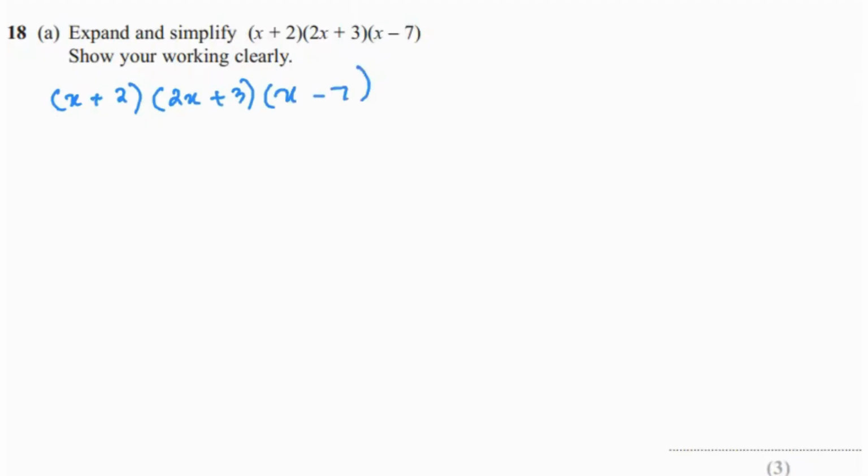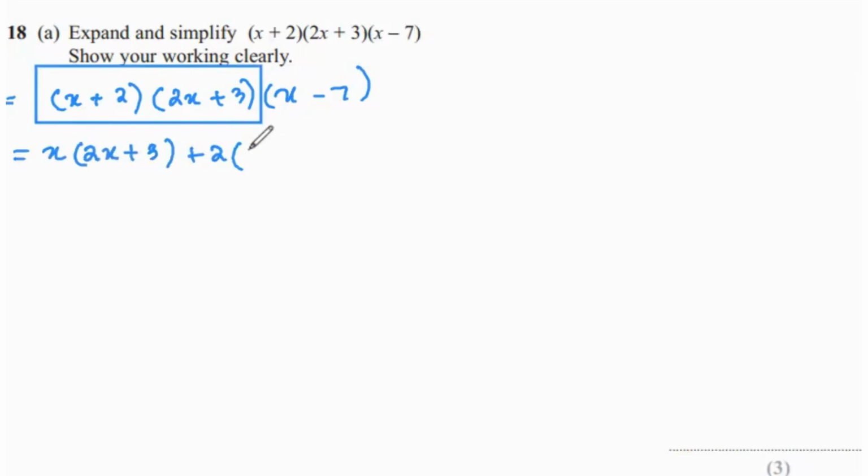So we can start with expanding these two first. It's going to be x times 2x plus 3 and then plus 2 times 2x plus 3. And remember x minus 7 is multiplied with the entire thing.